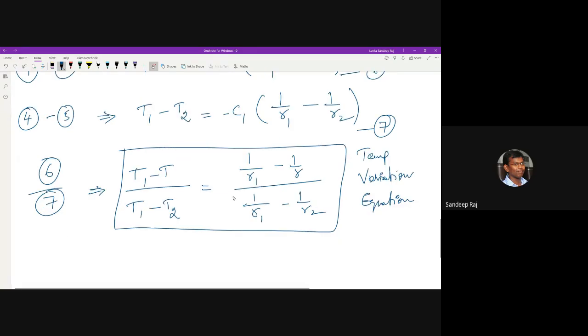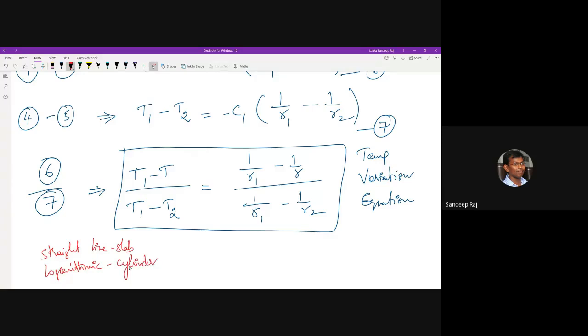From this, can you tell what kind of variation is there here? The kind of variation that is happening in sphere. Can somebody tell? It is a straight line in your slab case, and it is logarithmic in your cylinder case.